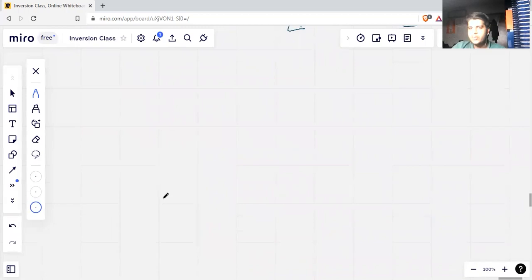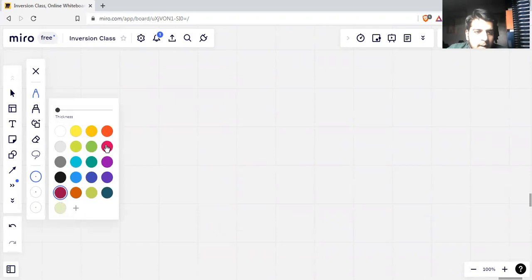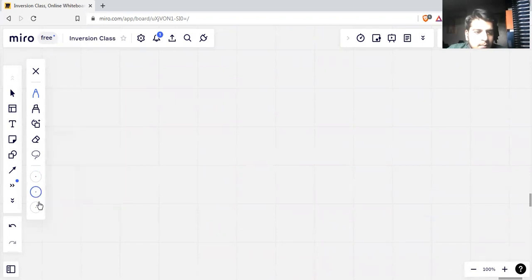Okay, now let's move on to some nice kinds of inversion. So let me change back to pencil. First, we'll do circumcircle inversion.